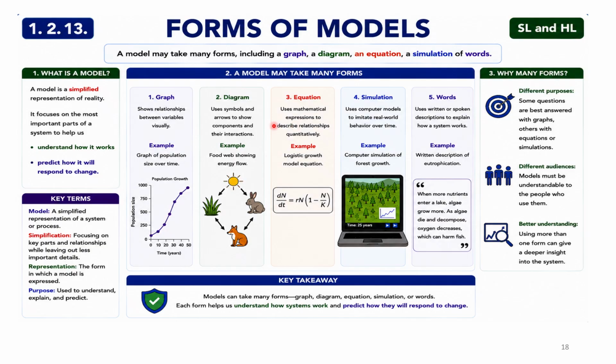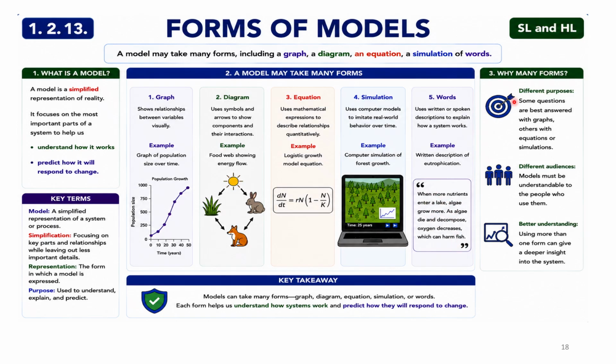Equations, like the logistic growth equation used to calculate population dynamics. Computer simulations, which predict future forest growth or climate change under different scenarios, and written descriptions, which explain processes such as lake eutrophication or ecological succession.